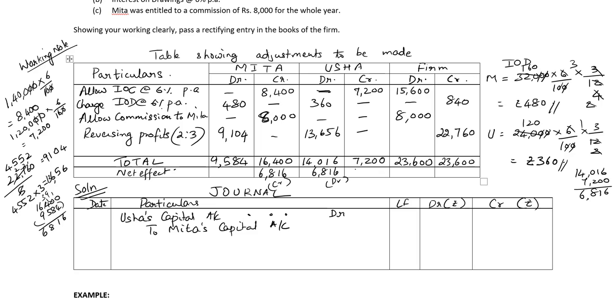The amount is 6,816. The narration being adjustment entry passed to rectify the error.